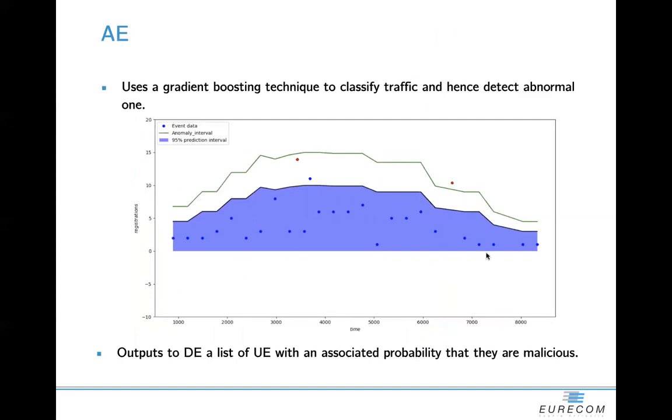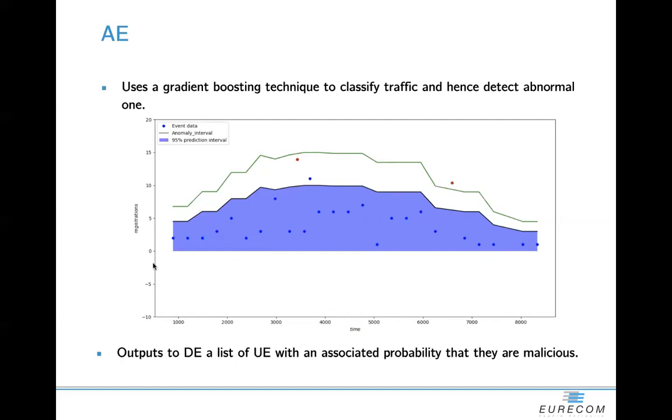So you have this figure, which shows traffic generated from IoT devices, and all traffic that is inside this area is considered normal traffic, but all the traffic that is outside this area and close to this green line, which is the anomaly detection interval, will be considered abnormal.